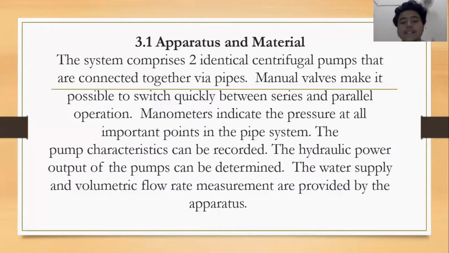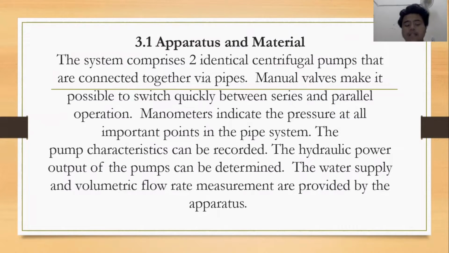3.1 Apparatus and Material. This system comprises two identical centrifugal pumps that are connected together via pipes. Manual valves make it possible to switch quickly between series and parallel operation. Manometers indicate the pressure at all important points in the pipe system.